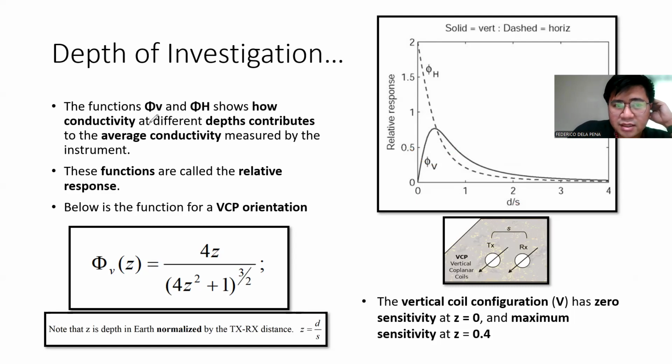For a VCP orientation, or a loop oriented vertically, as you can see here, you are detecting EM fields which are oriented horizontally. The consequence is that you tend to perceive signals from great depths.